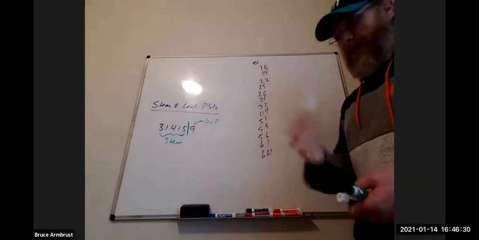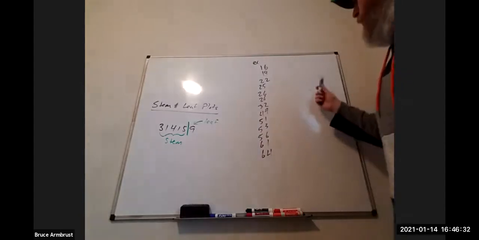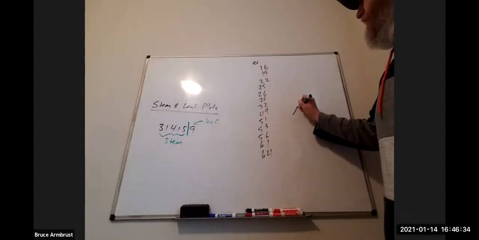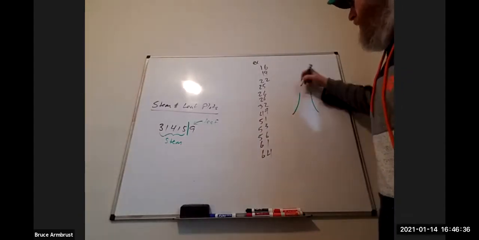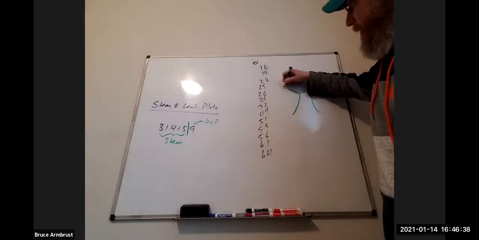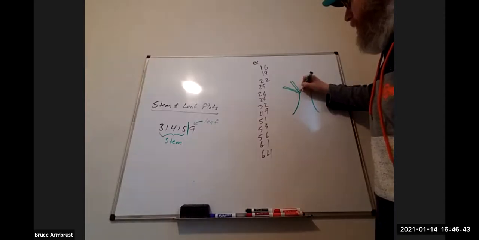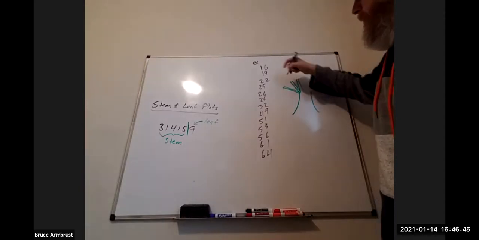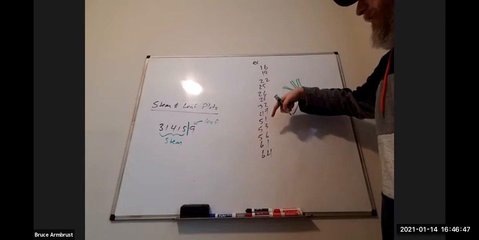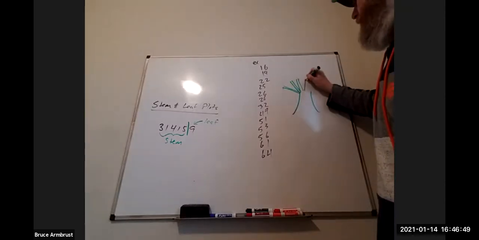Okay, now imagine that this is like a tree. So I'm gonna draw a little tree here. So here's our tree, and we're gonna have a whole bunch of stems coming off of our tree. How many do I need? 1, 2, 3, 4, 5. So this tree needs to have 6.